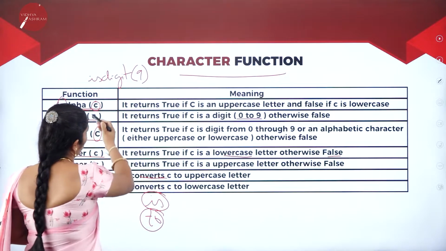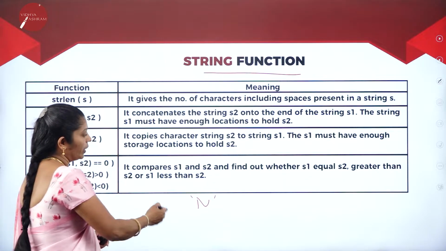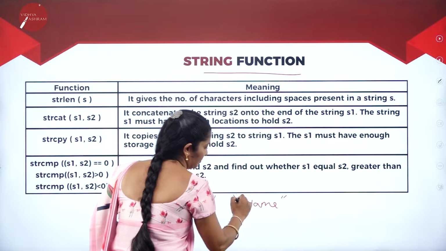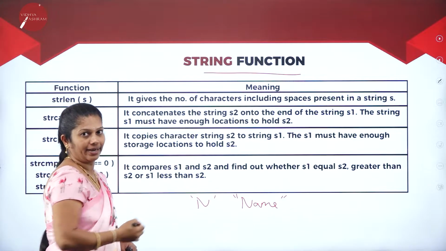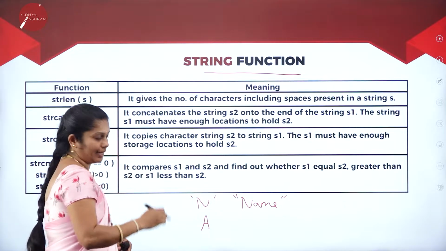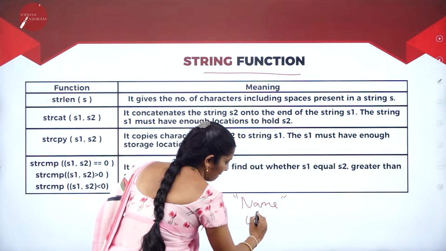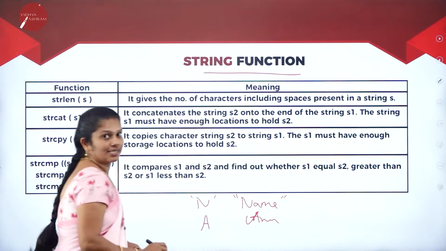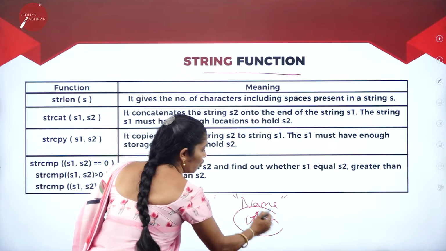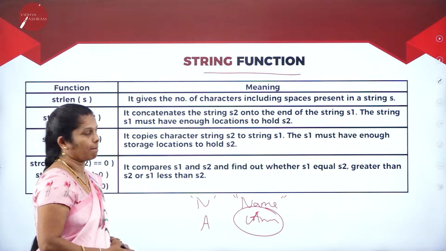If you observe, only one character we have. Whereas a string means a collection of characters. For example, N-A-M-E, name, is a collection of characters. If I write A, then only one character. If I write Anu, then it is a string. String manipulation functions help to perform operations on the string especially.